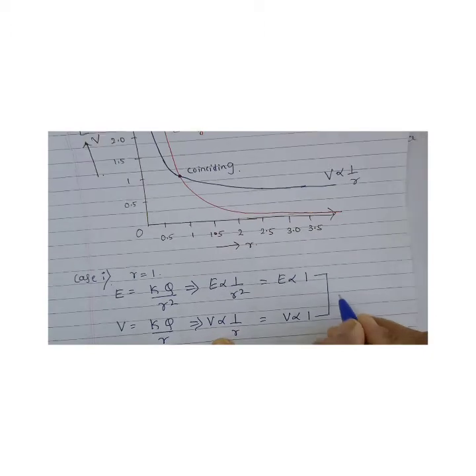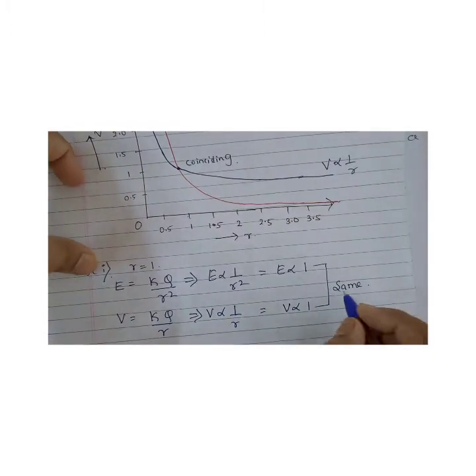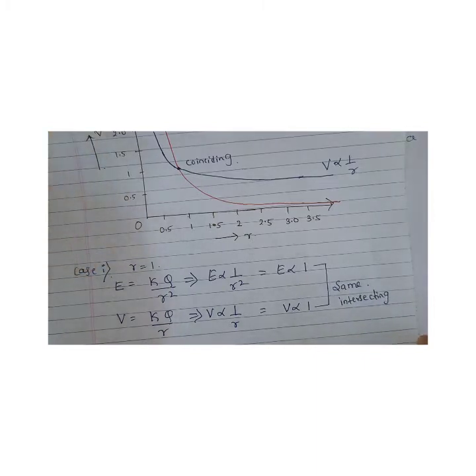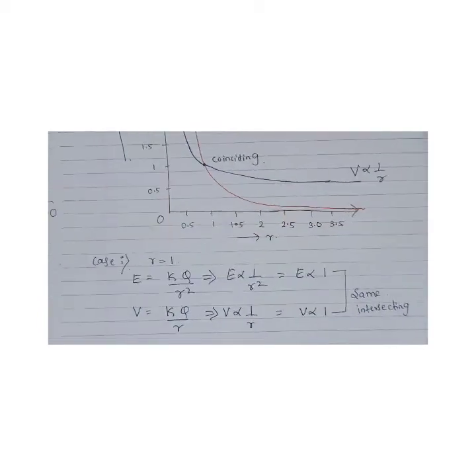These two values are the same here, which is why they are coinciding or intersecting. When E and V are equal, they intersect, as shown in this graph.